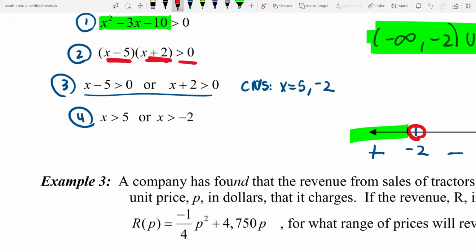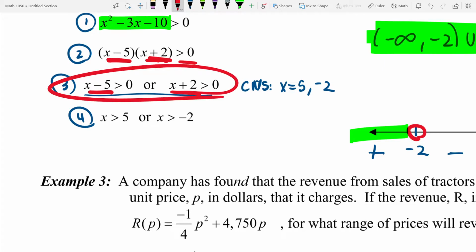Greater than 0 means positive. This times this is positive. That means this is a positive and this is a positive. Is that true? No. Why not? They could both be negative. Negative times negative is a positive too. So can you assume that? No, you can't. You're making a false assumption. That's why it's not okay.